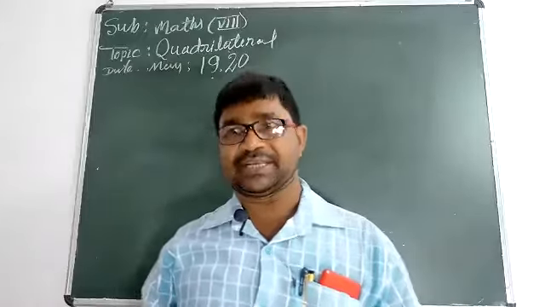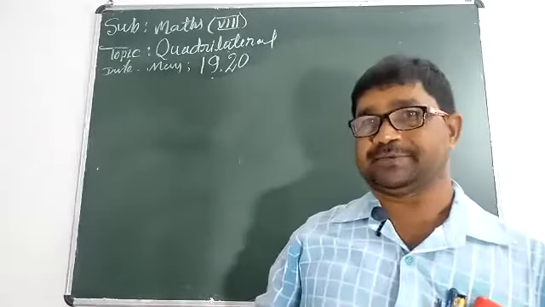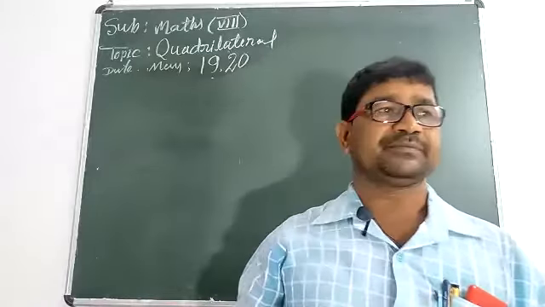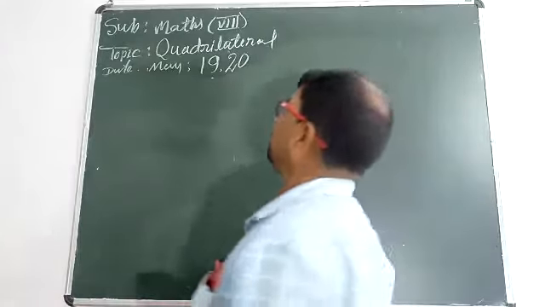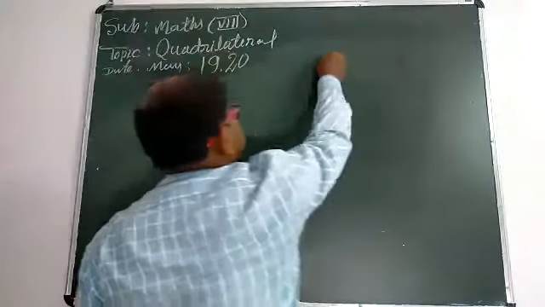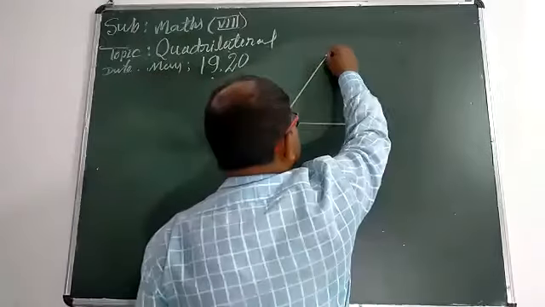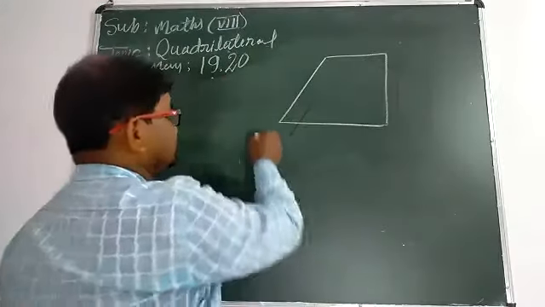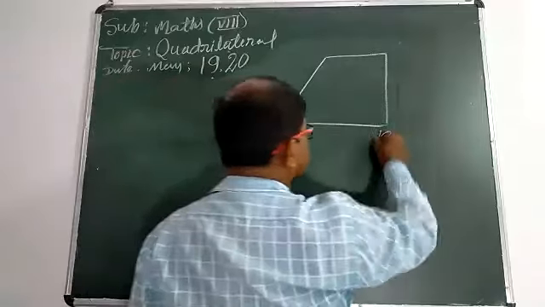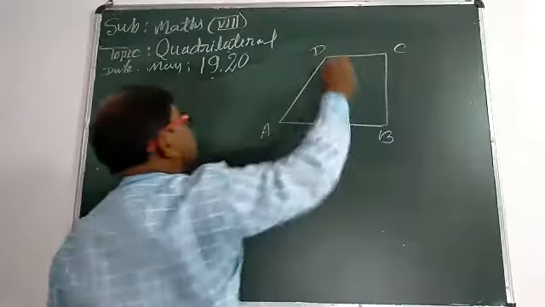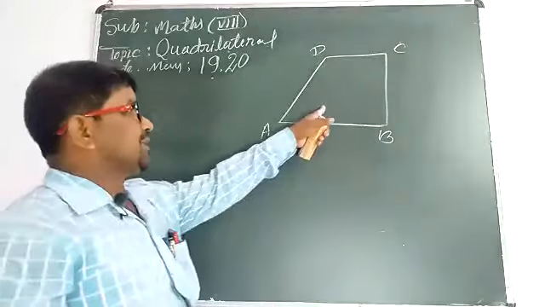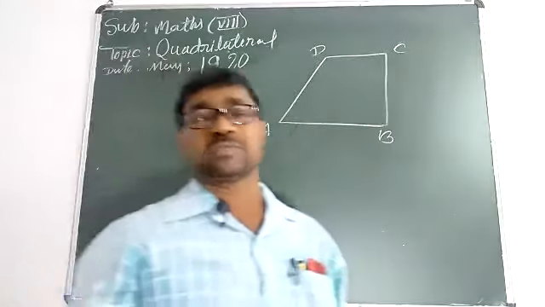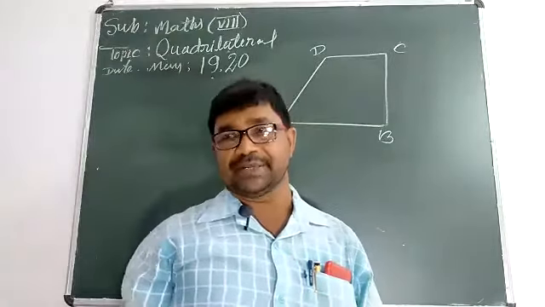We are with quadrilateral, the geometrical part. As you know from standard 7, a quadrilateral is a polygon having 4 bounded sides.